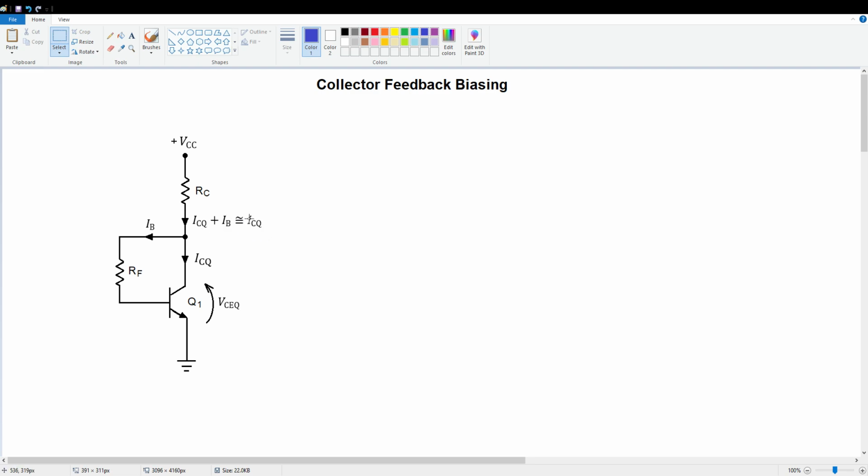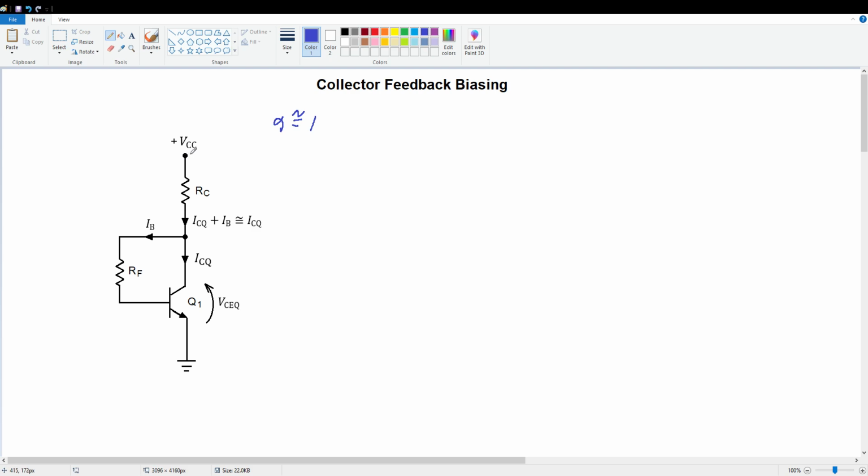We're going to approximate that as just being ICQ, because beta is 100 or more, so ICQ is at least 100 times IB. So that's a pretty reasonable approximation to make. Again, it's roughly the same thing as assuming that alpha is approximately equal to 1. All right, and with that in mind, let's go ahead and continue.